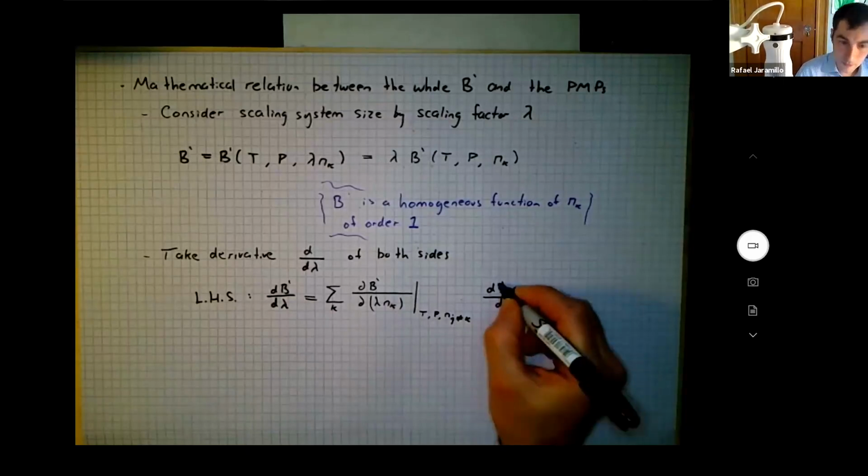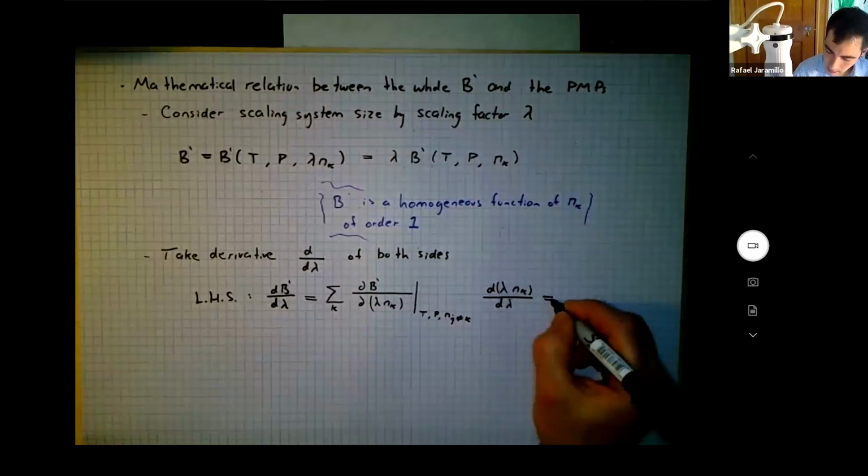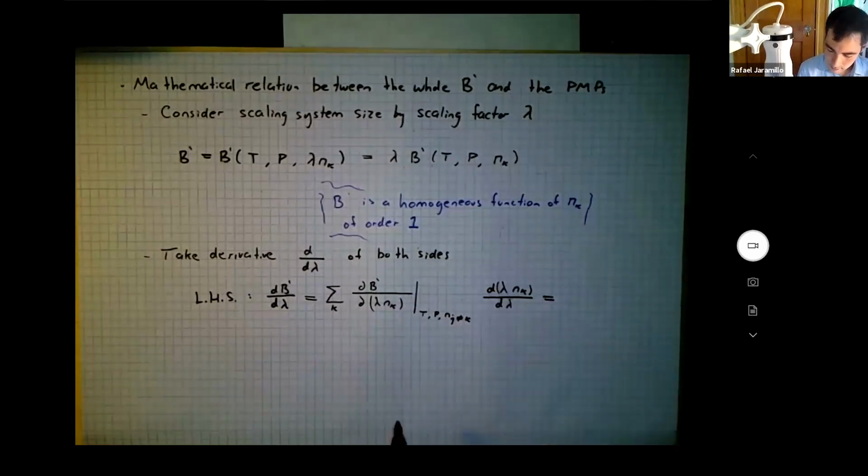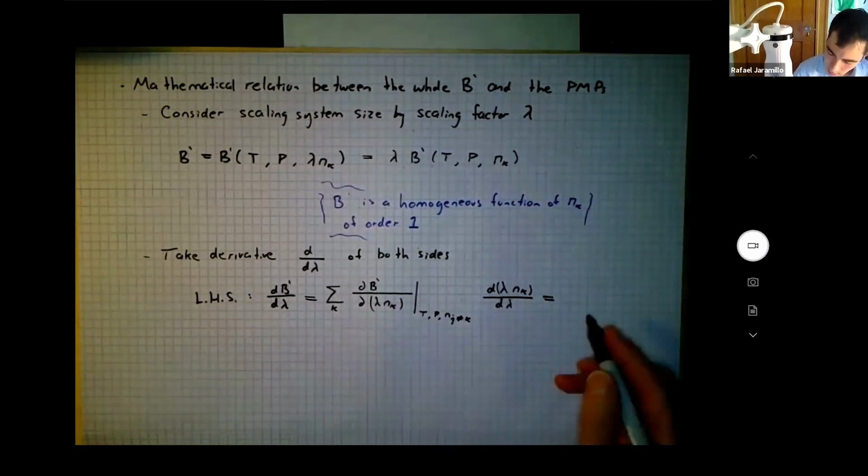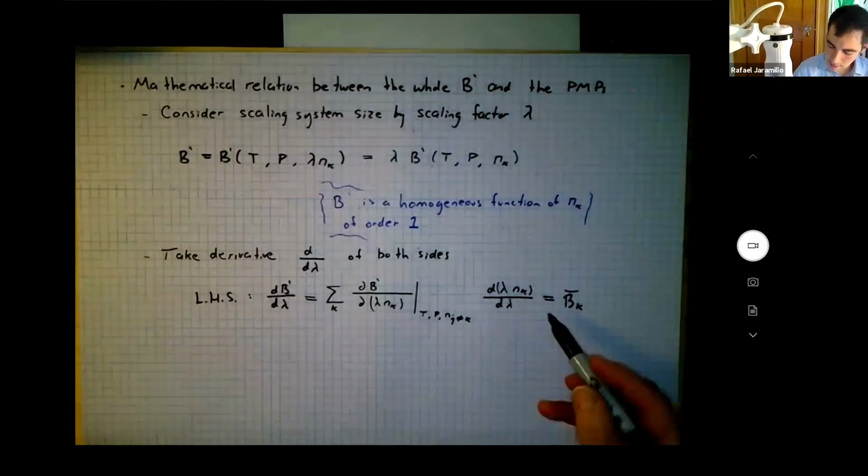This is the chain rule, and this is our definition of partial molar property. And this derivative is really easy.